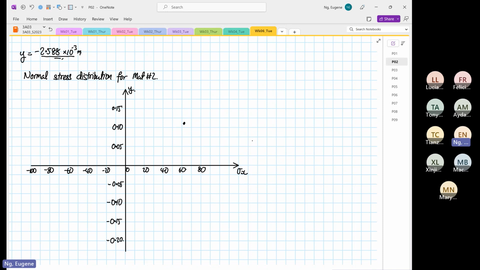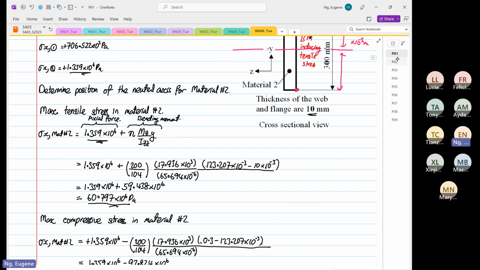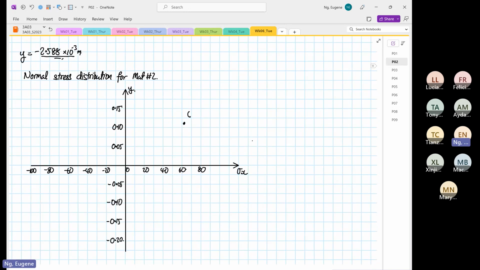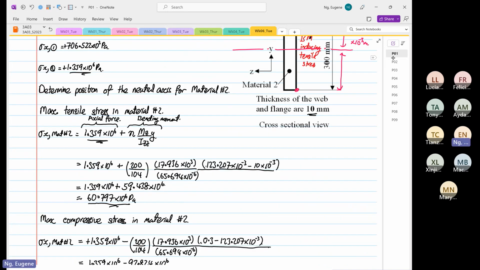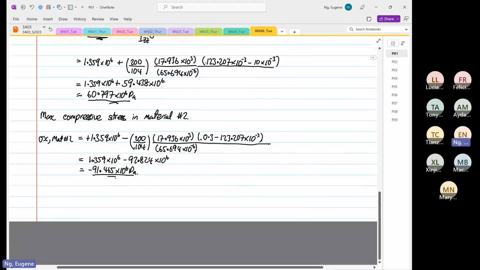So this is our point, which we calculated earlier: 60.797, and this is 0.113. And the other one is at minus 91.465.